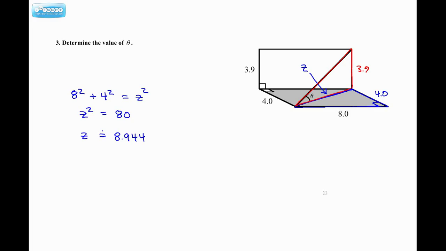I just figured that out. So that uses tangent, opposite over adjacent. So I'll do that one in red. So tan of theta is 3.9 divided by the adjacent, which is 8.944. But it's theta that I'm looking for, so I have to work backwards. So I'm going to use the inverse tan.